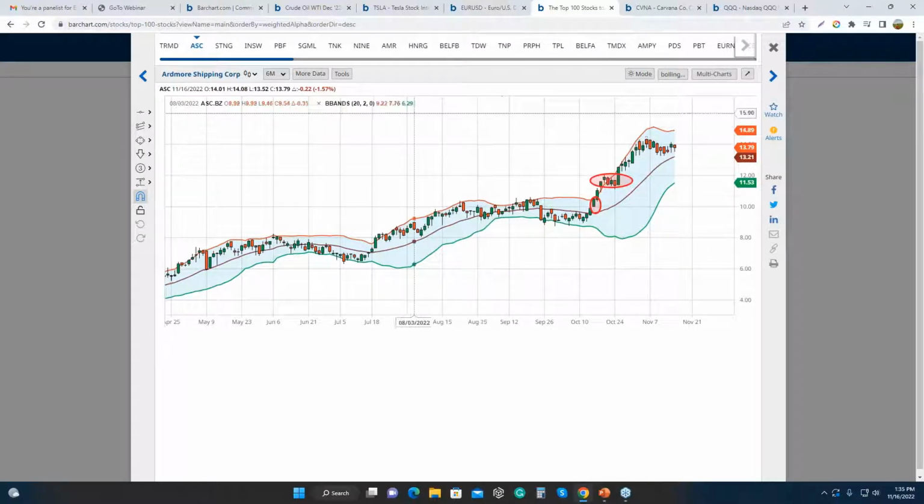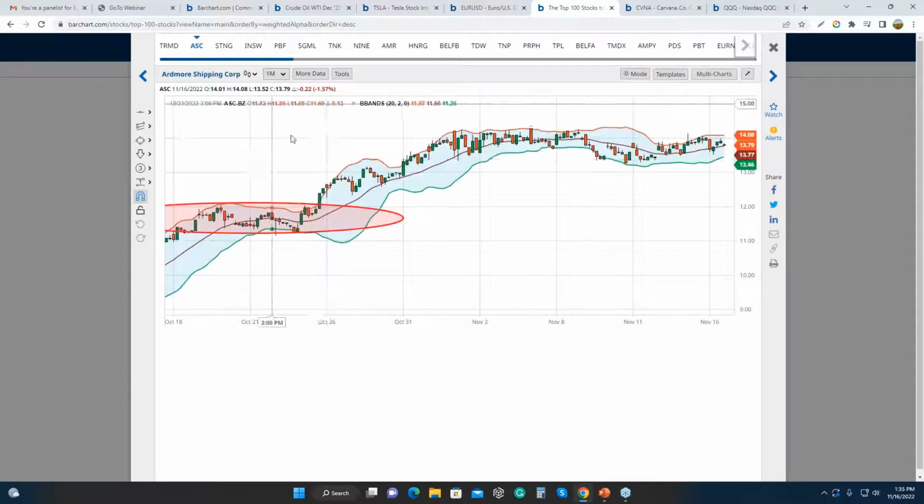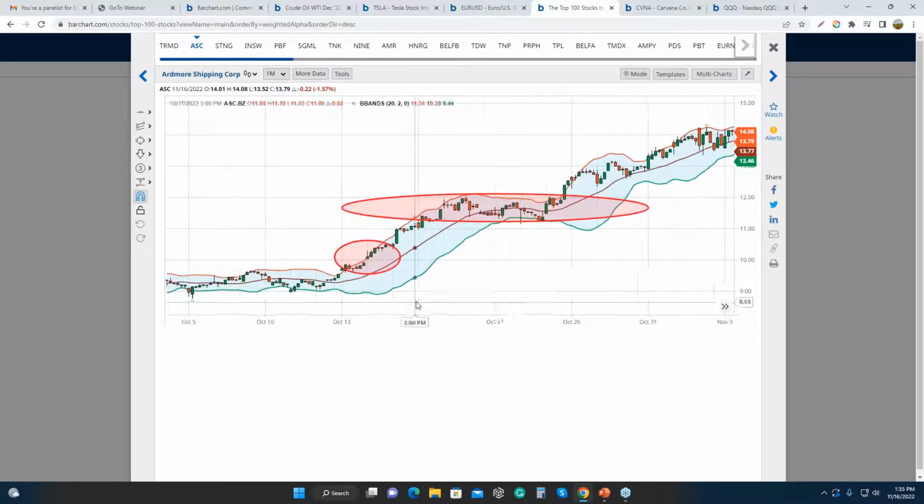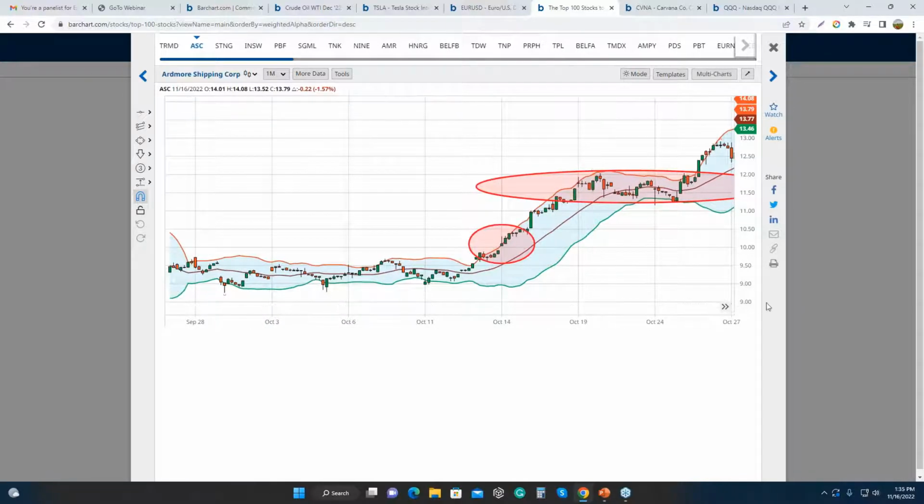So I could go back down to my lower time frame. And again, same scenario. Here's where we see that confirmation of our trend, our thrust, our breakout of resistance, and those candles that carried through.